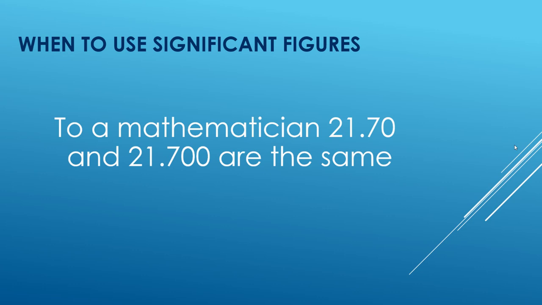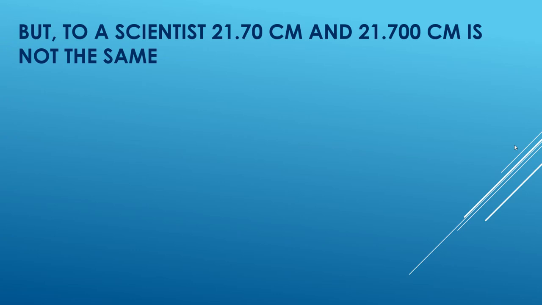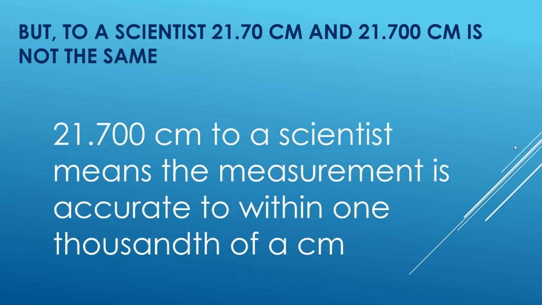So to a mathematician, 21.70 and 21.700 are the same. They have the same value. But to a scientist, 21.70 centimeters and 21.700 centimeters is not the same. 21.700 centimeters to a scientist means the measurement is accurate to within 1,000th of a centimeter.